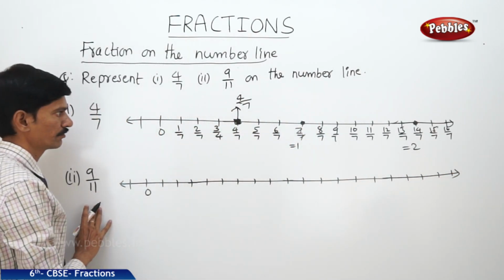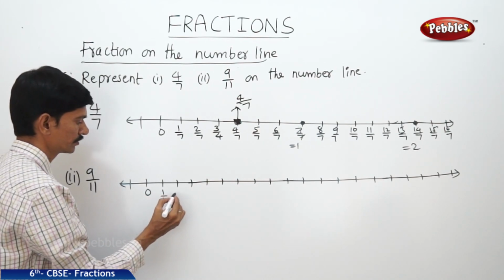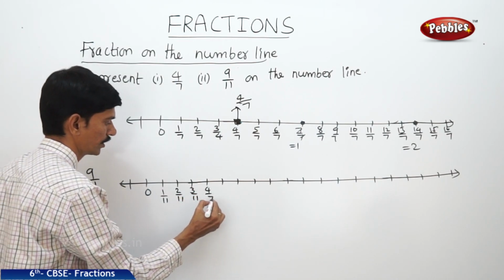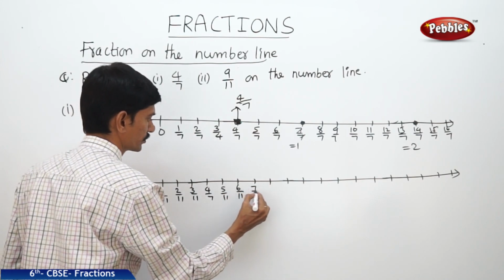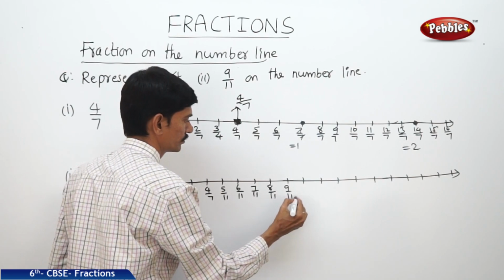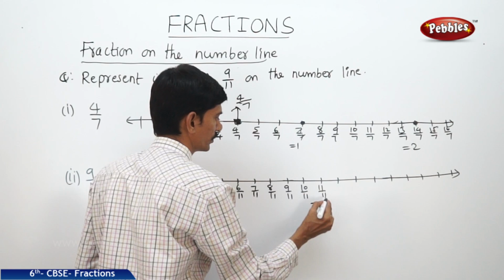As the denominator is 11, first we will take 1/11, then 2/11, 3/11, 4/11, 5/11, 6/11, 7/11, 8/11, 9/11, 10/11, 11/11, which is equal to 1.